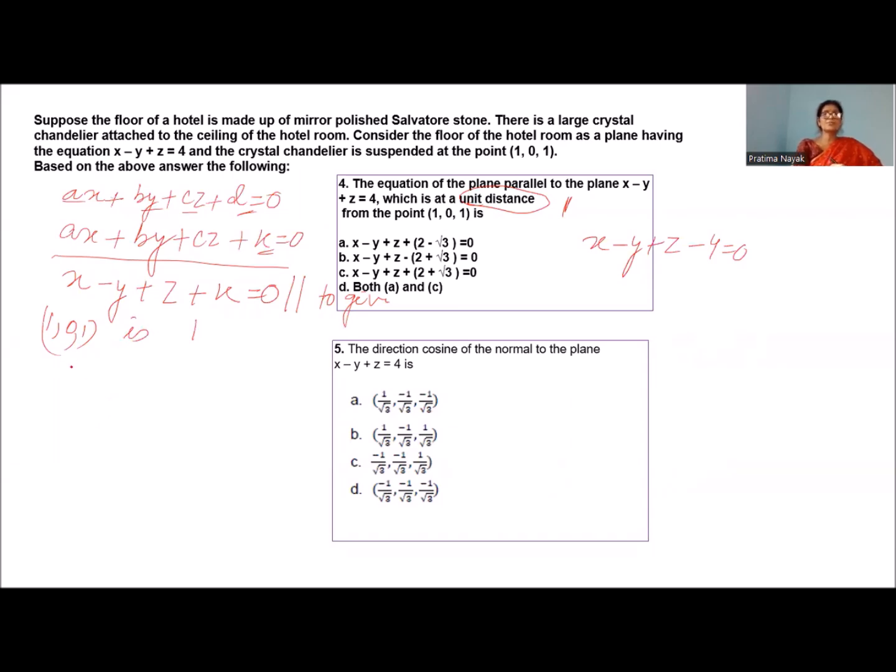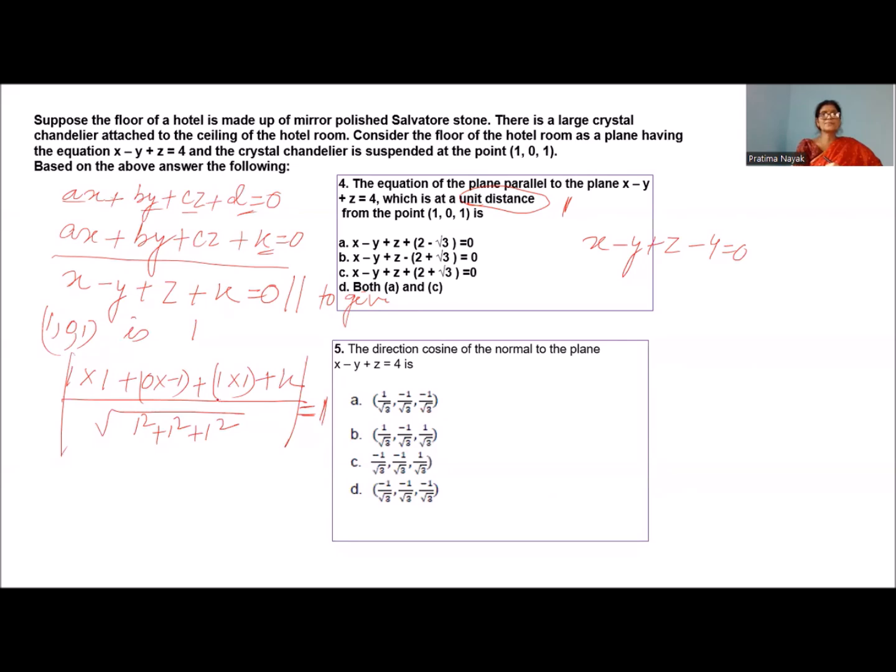So if I put the distance formula: 1 into 1 plus 0 into minus 1 plus 1 into 1 plus k, upon root of 1 square plus 1 square plus 1 square, is equal to, sorry, distance is equal to 1.